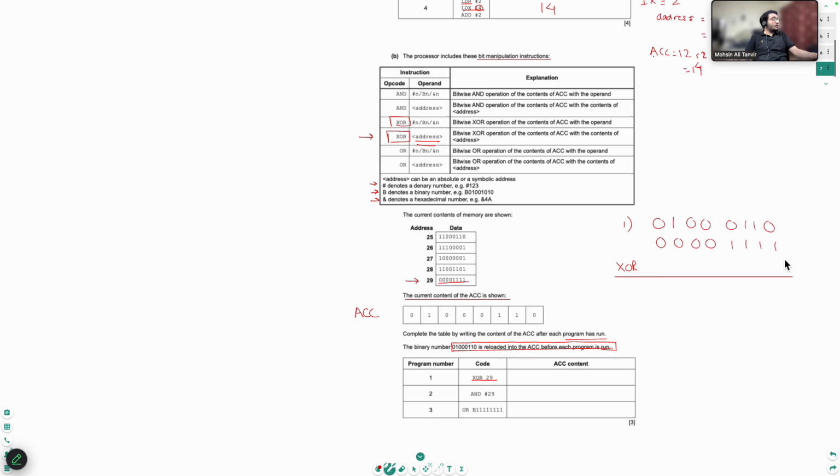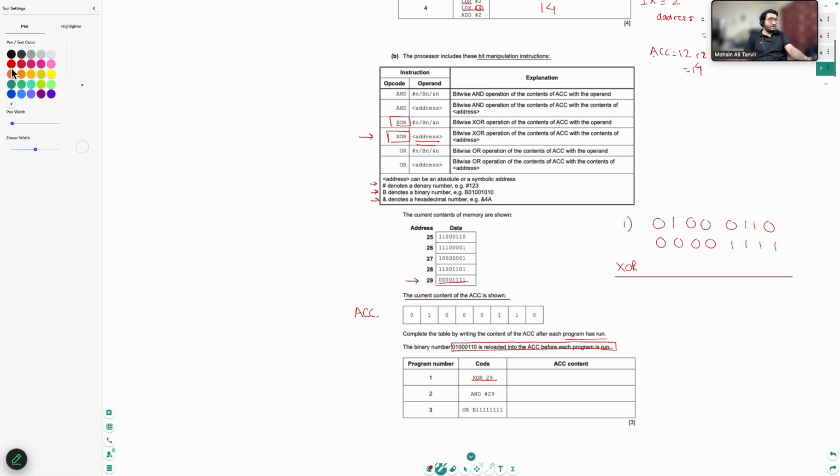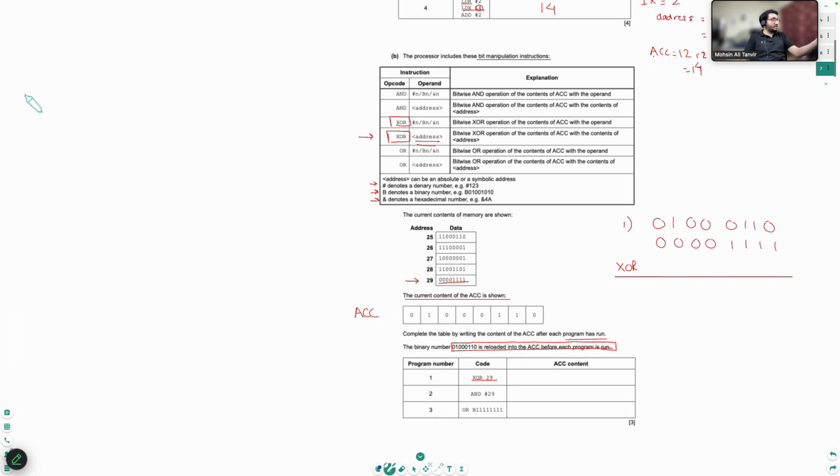XOR gives me a 1 if and only if both are different. If both are ones or both are zeros, I get a 0. But if both my inputs are different, I'll get a 1. So 0 1 gives me a 1, 1 1 is a 0, another 0, 0 1 gives me a 1, 0 0 1 and 0. So the contents that I'm going to get will be 0 1 0 0 1 0 0 1.